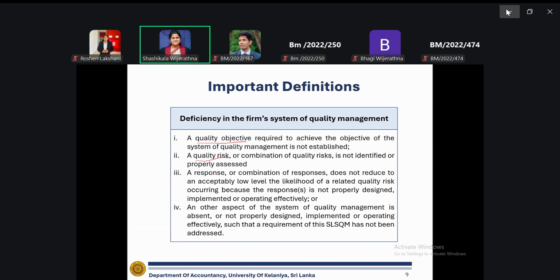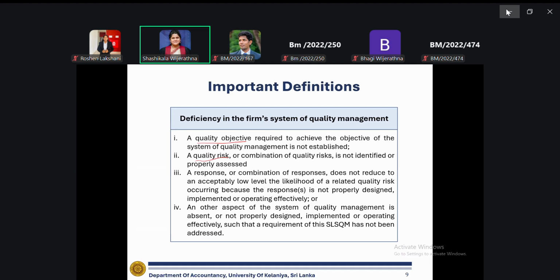Okay, the last one is that another aspect of the system of quality management is not properly designed, implemented, or operating effectively, such that a requirement of this SLSQM has not been addressed.